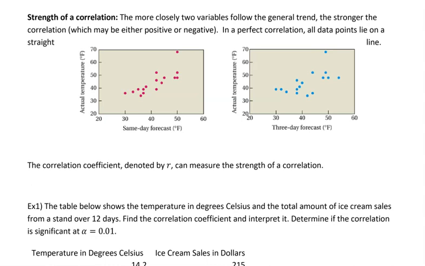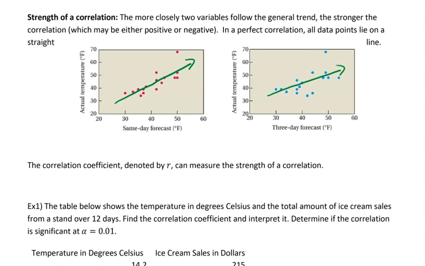In the first one, if we roughly draw the line that gets closest to the direction those dots are going, you can see that the dots are all really packed around that line. Whereas on the right, if we do vaguely the same thing, you can see that the dots are much, much more spread out.